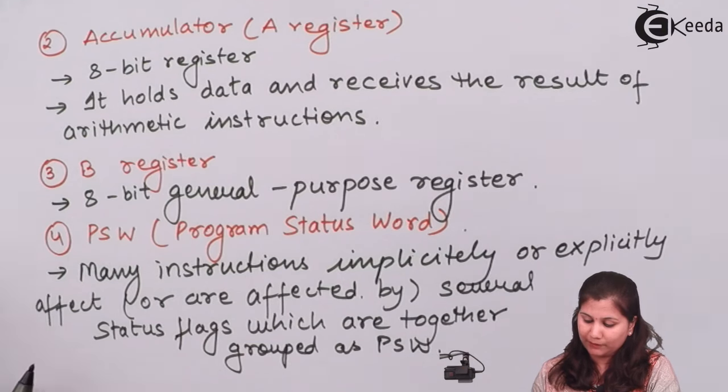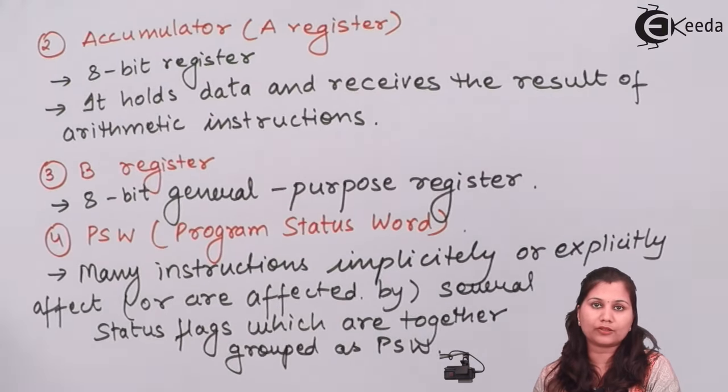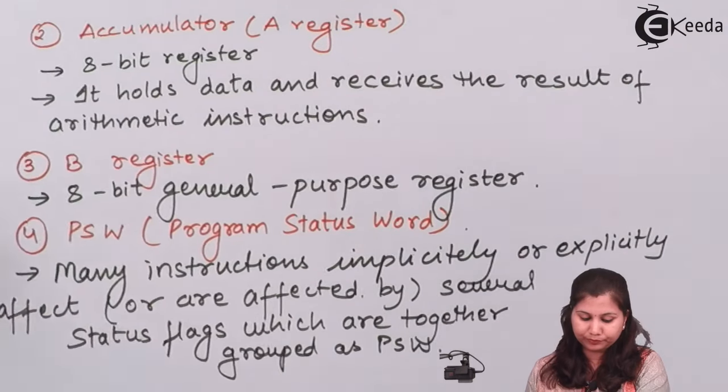Now this program status word shows the status of all the flags of 8051, and it is also used to select the memory bank. It is an 8-bit register, and each bit is defined as a specific status flag.